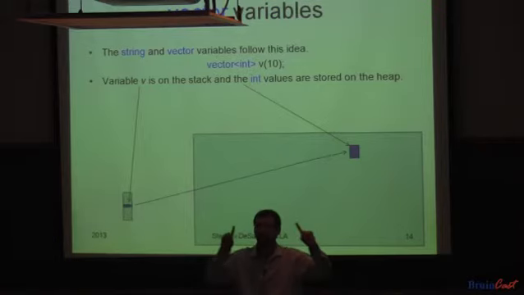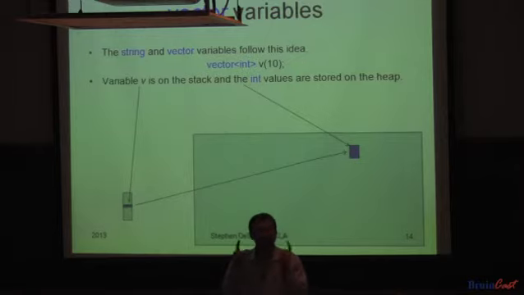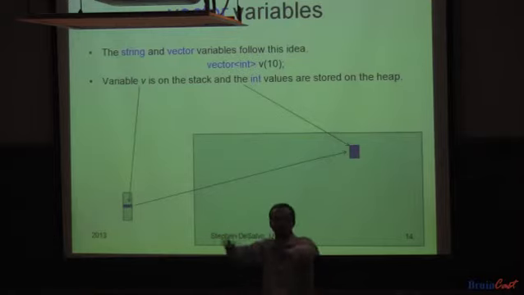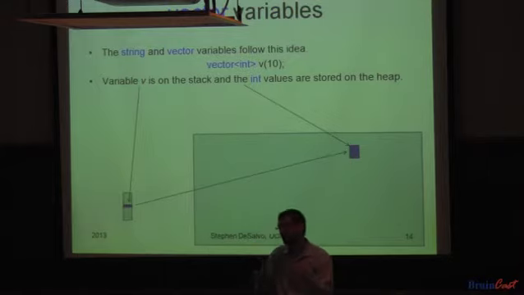That's why vectors are awesome. You will not realize how awesome vectors are until you actually start managing memory yourself. So don't start using new and delete with vector. You don't need to do that. But if you create your own class that's supposed to be like a vector, that's basically what it's doing.